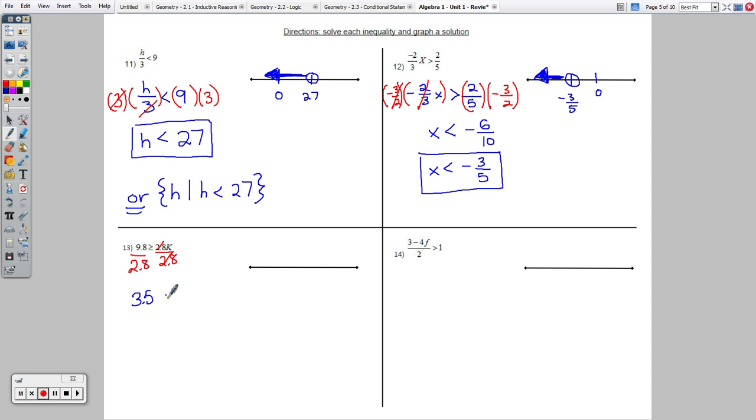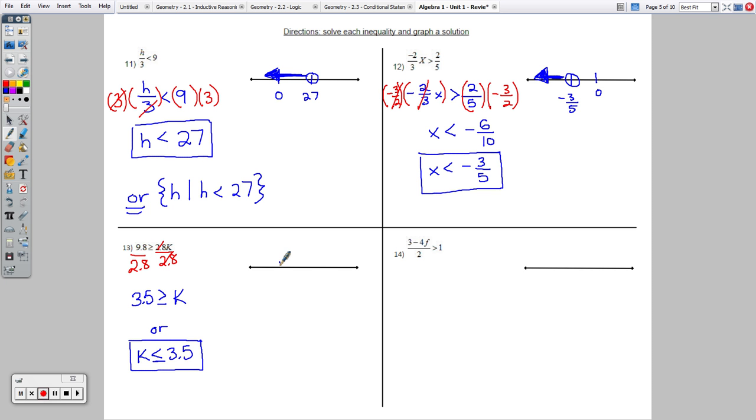So 3.5 is greater than or equal to k, I didn't multiply or divide by a negative. But an equivalent way to write that, usually I say it's best to write the variable first, so k is less than or equal to 3.5. That's an equivalent way, and in my opinion, a better way to write that.